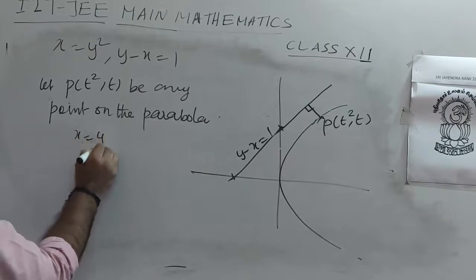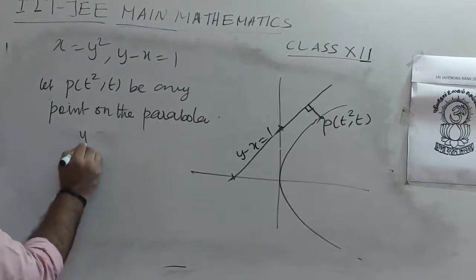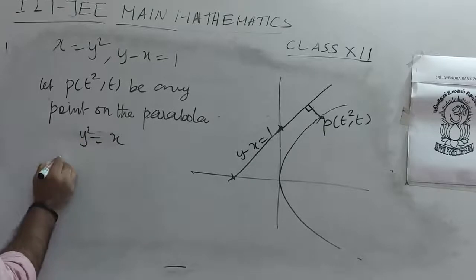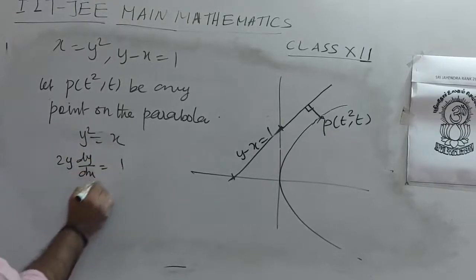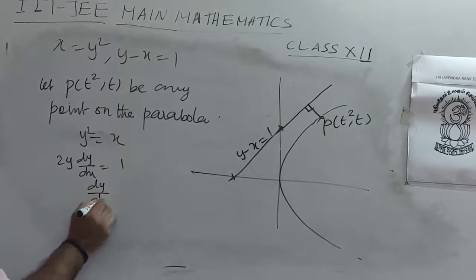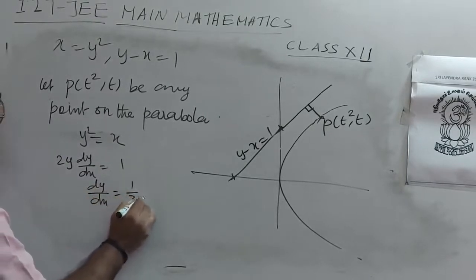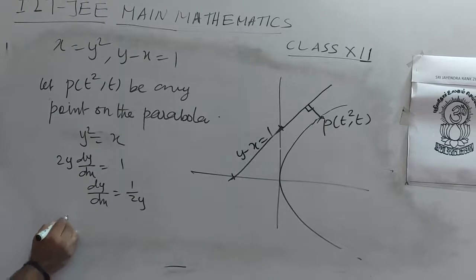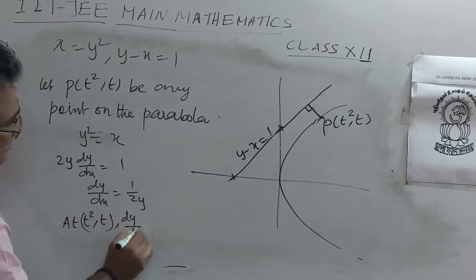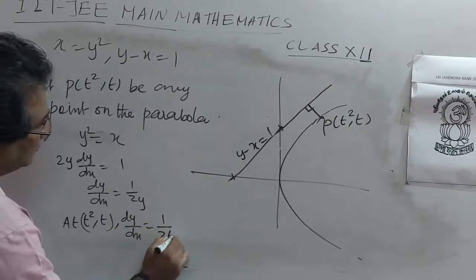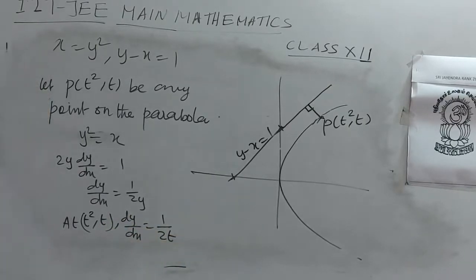x equal to y squared. Differentiating, 1 equal to 2y dy by dx, so dy by dx equal to 1 by 2y. At t squared comma t, dy by dx equal to 1 by 2t.